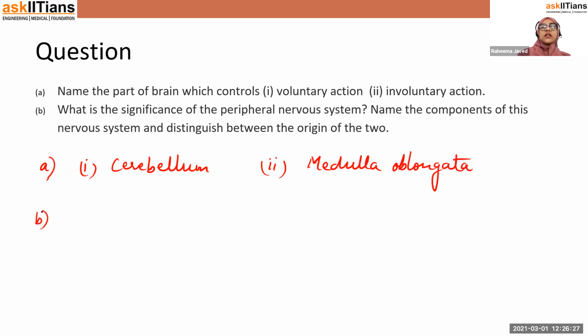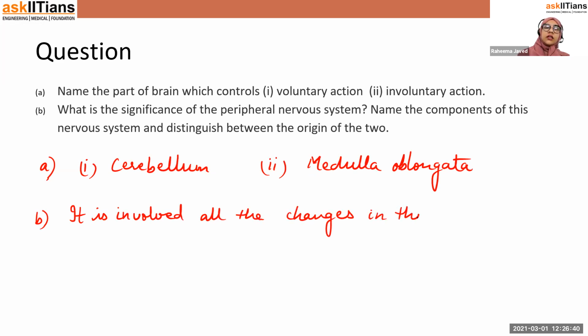Okay. What is the significance of the peripheral nervous system? It is involved in all the changes in the body during an emergency.